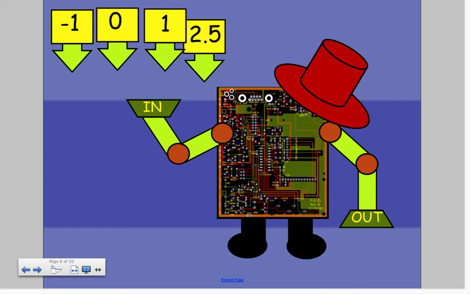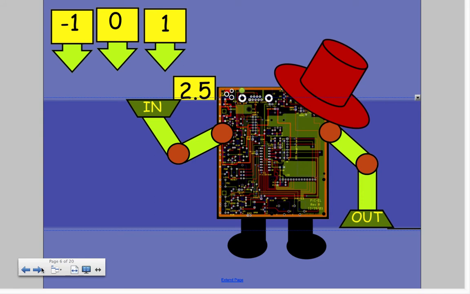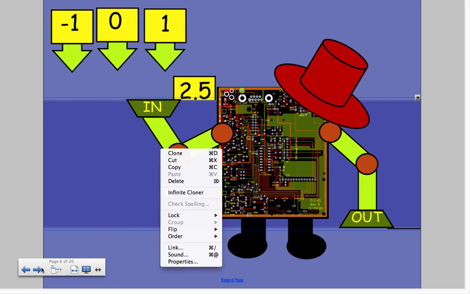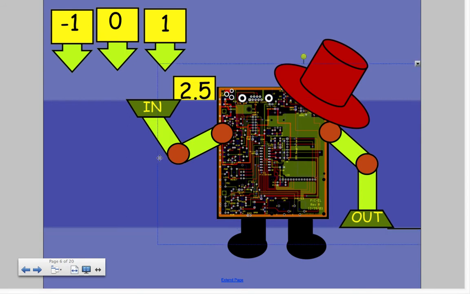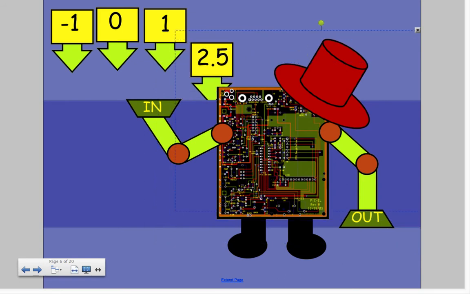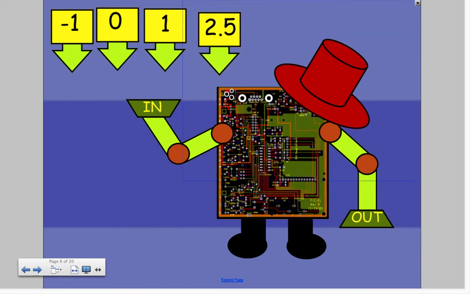Two and a half. Anyone want to predict? Anybody want to predict what this would be? 4. All right.